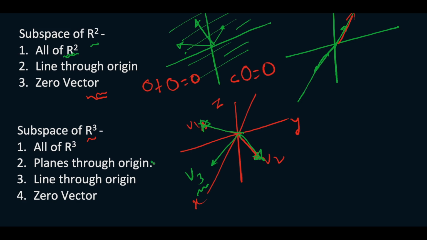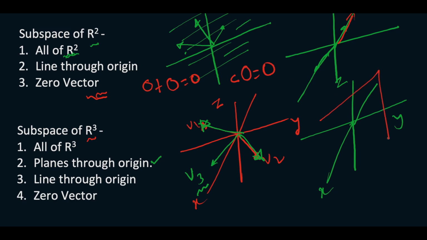Second is a plane through the origin. Now this is our xyz coordinate system, and let us consider a plane which is going through the origin.